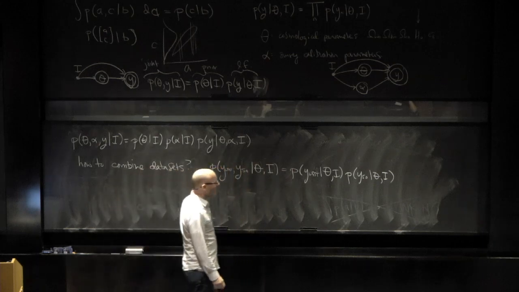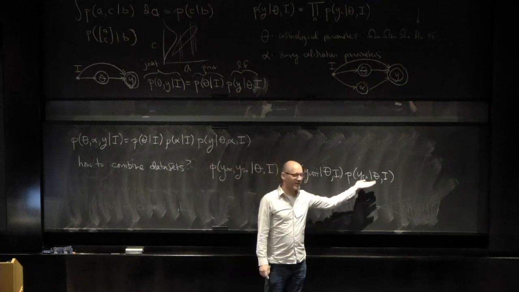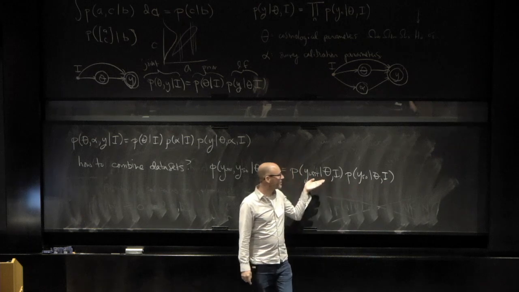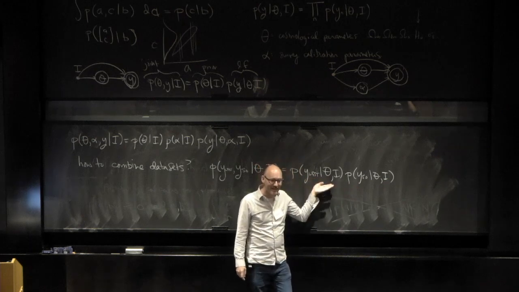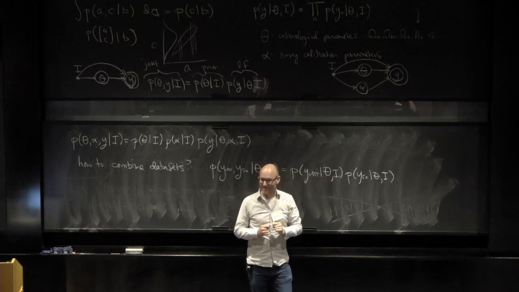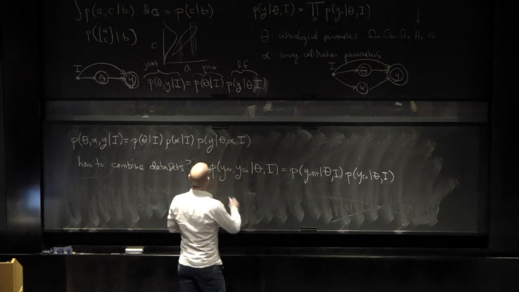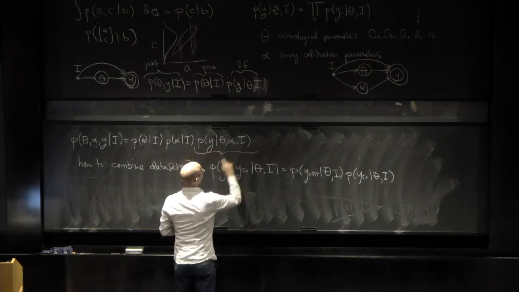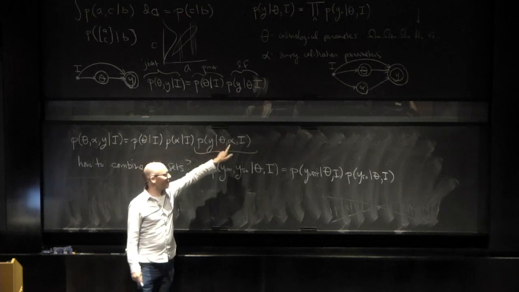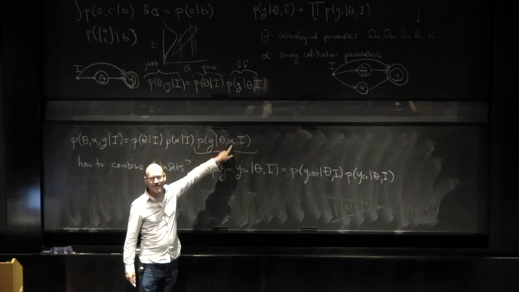So as long as the Simons Observatory can give me this likelihood function, and you guys can give me this likelihood function, I'm good. The problem is, look at this. The likelihood function you just wrote down depends not just on theta, but also on this alpha that I don't care about.